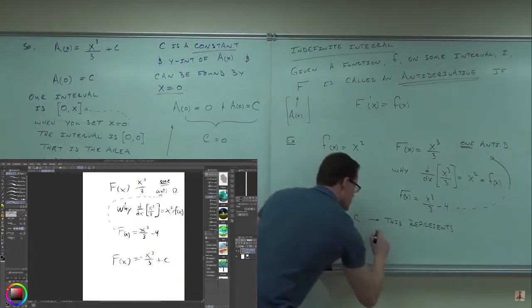This represents the family of all possible antiderivatives for f of x equals x squared.